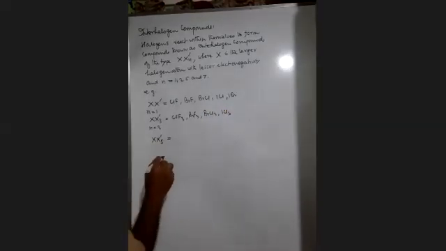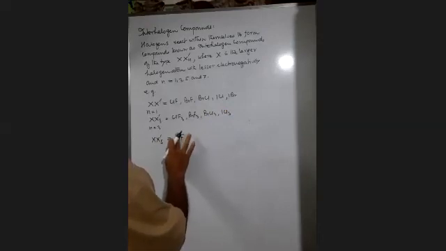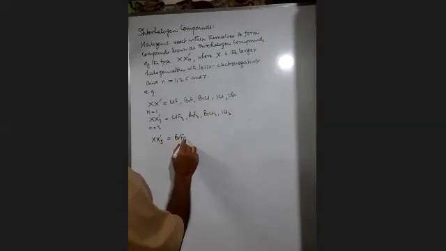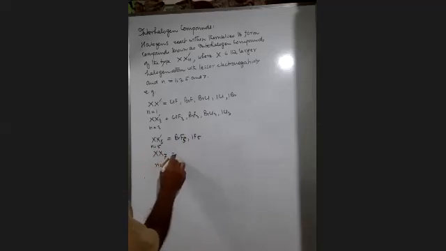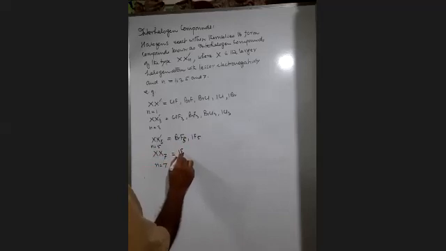So it will be IF5, BrF5, bromine pentafluoride, iodine pentafluoride, and n is equal to 5. And XX prime 7, only one compound is there, n is equal to 7. It is iodine heptafluoride.